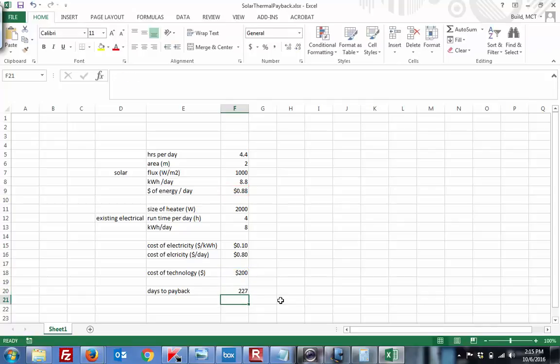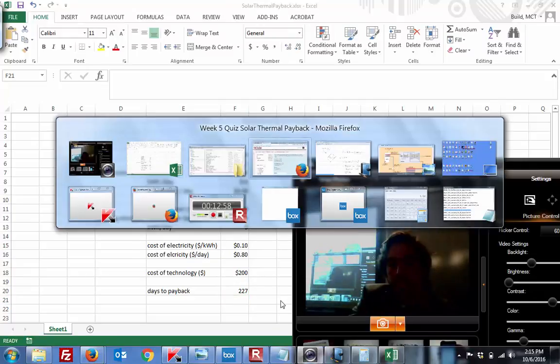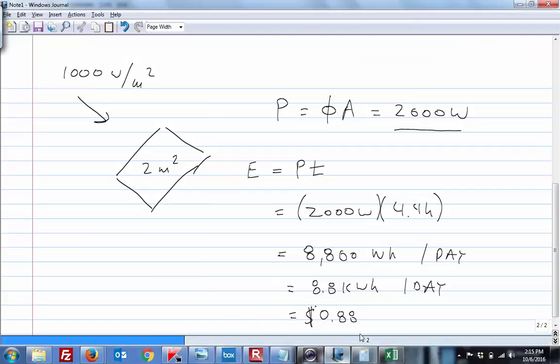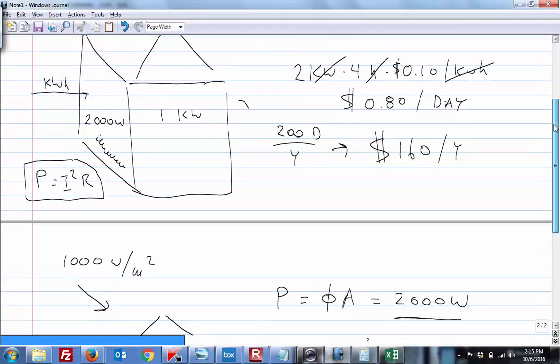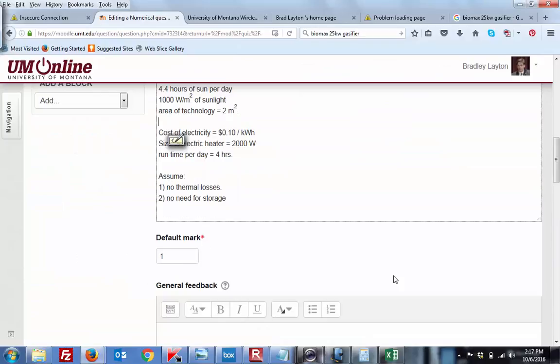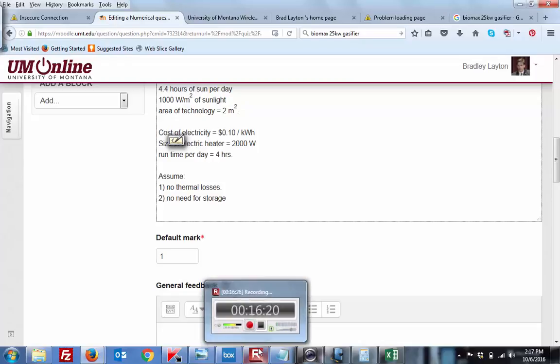So 227 days, and if all of our other assumptions were correct, and I started off with this problem, I said we're going to run it for 200 days per year, so the system would pay for itself in about a year. And that's really all I wanted to get out of the problem. So I'm going to go back and make that quick edit. It's ready to rock. So go ahead and solve that guy, and get the credit, and we'll move on from there.